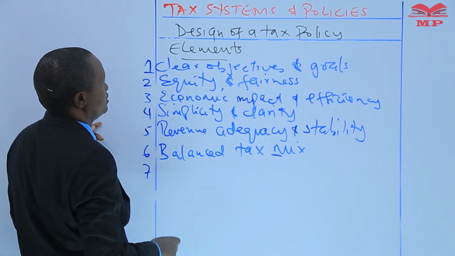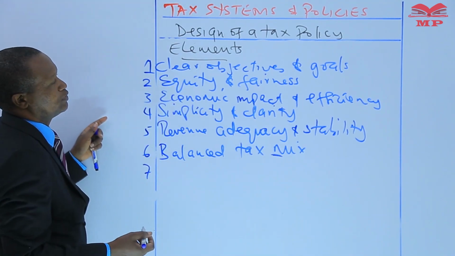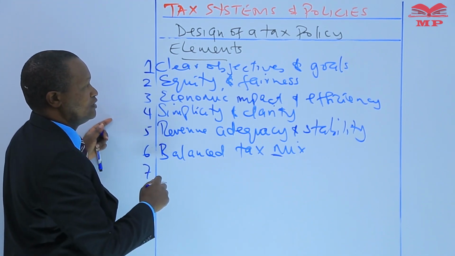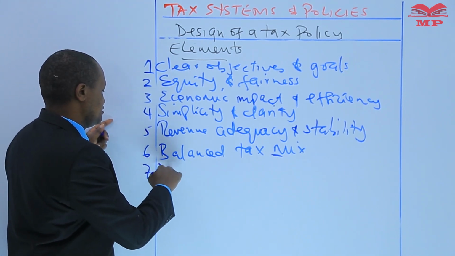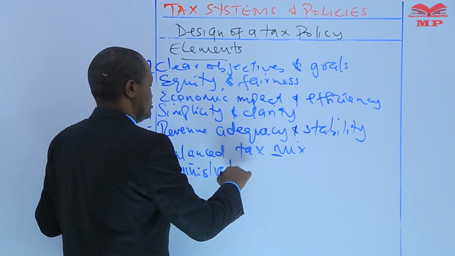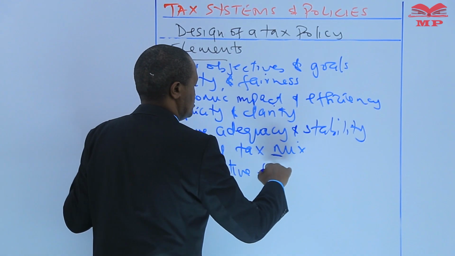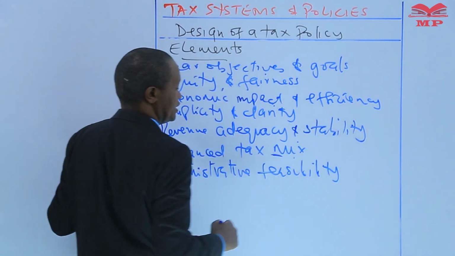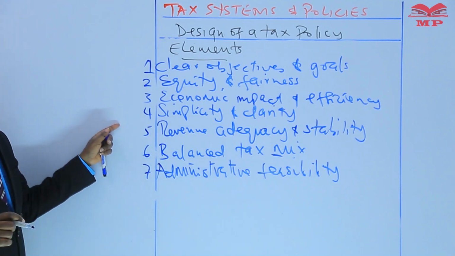Number 7, when designing a tax policy, consider administrative feasibility.